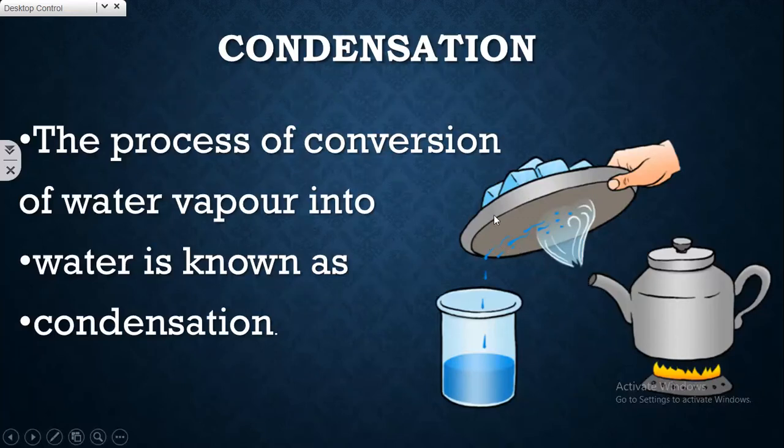When you keep a plate with an ice cube, the vapor touches the cool surface, gets converted into water droplets and is collected in the beaker or container kept below it. So by this process, we are able to get salt in the kettle and the water separately in the beaker. So by the condensation process, we are able to get back the liquid.